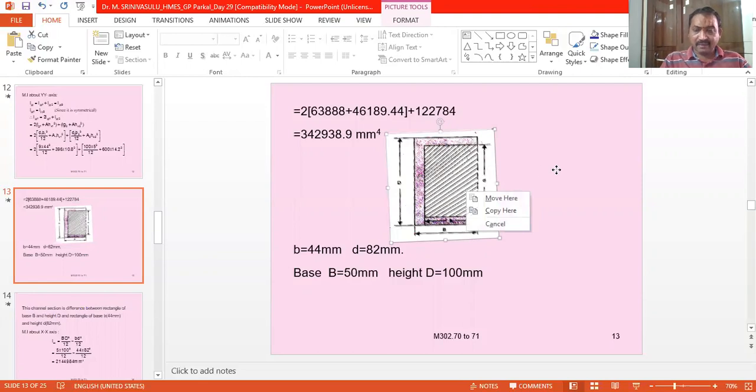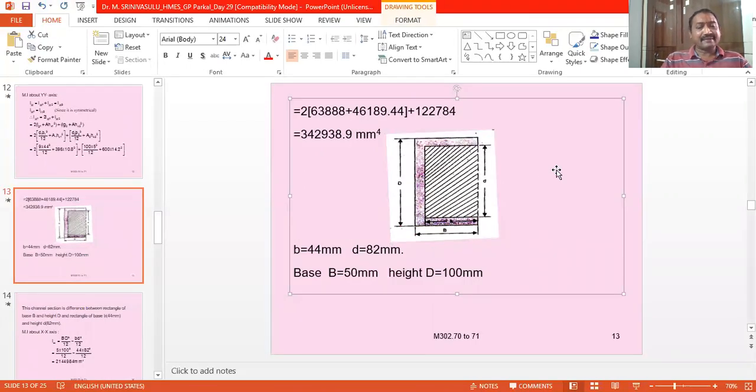Now this given channel section is nothing but a smaller rectangle with width small b and depth small d cut out from a bigger rectangle having width capital B and depth capital D.